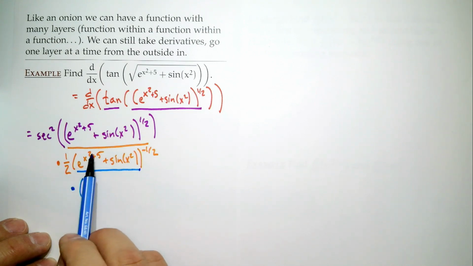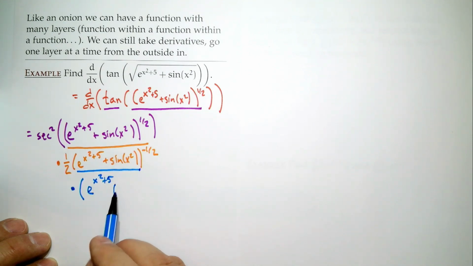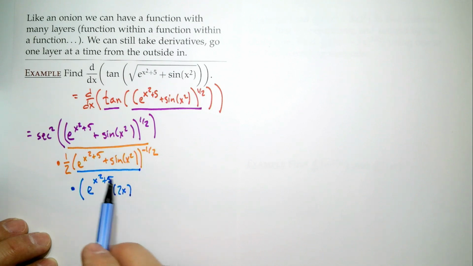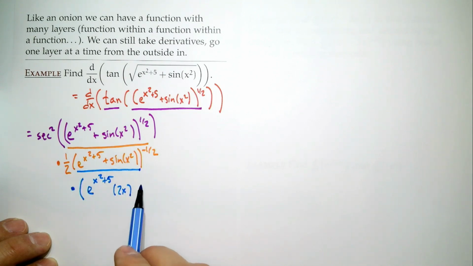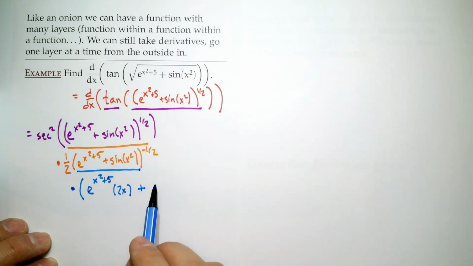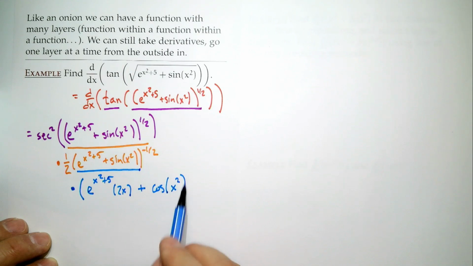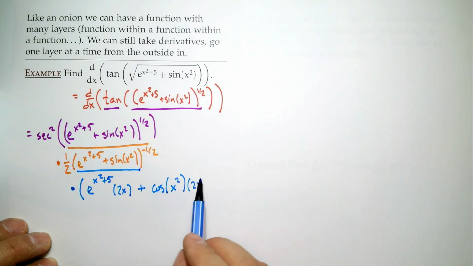Derivative of e to the x squared plus 5: e to the x squared plus 5 times 2x. And then sum rule, so plus, the derivative of sine, cosine of x squared. Leave the inside alone, but then we multiply by 2x.